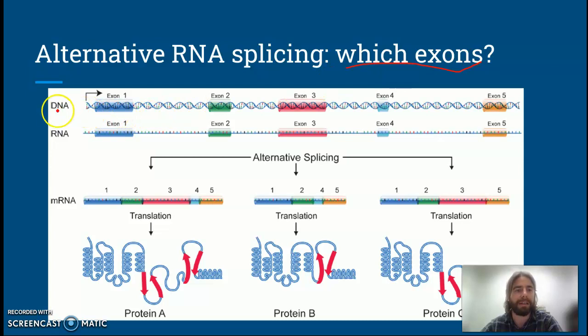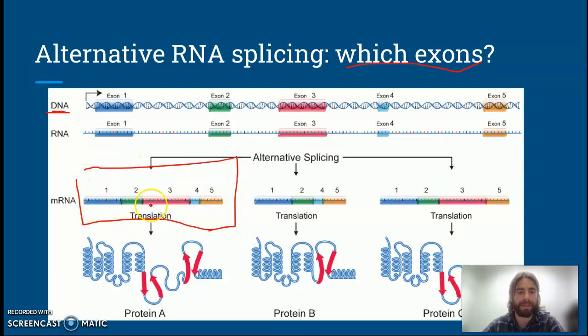If we look at our DNA strand at the top, you'll see that there are 1, 2, 3, 4, 5 different exons present that transcribe into 5 different RNA exons. But there are different combinations of exons that can lead to the creation of different proteins. In this first example, all 5 exons are included, and it makes for a much more complex protein A.